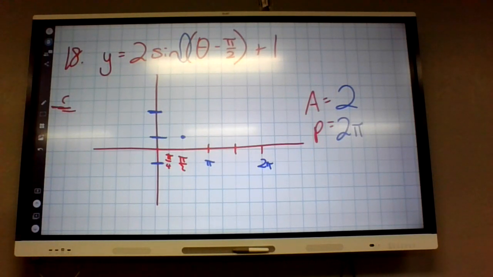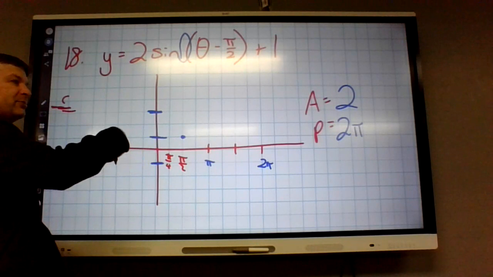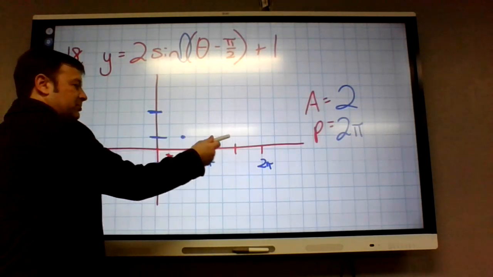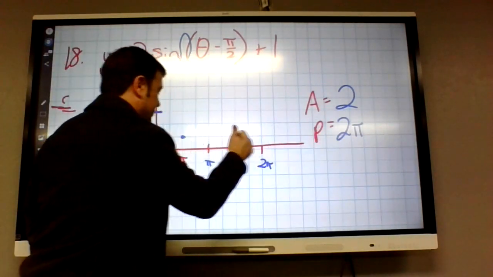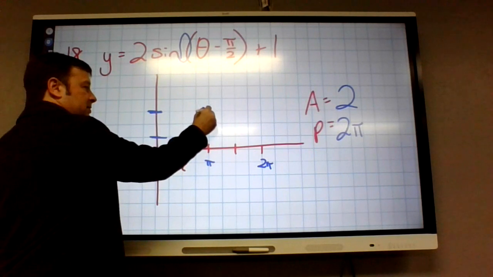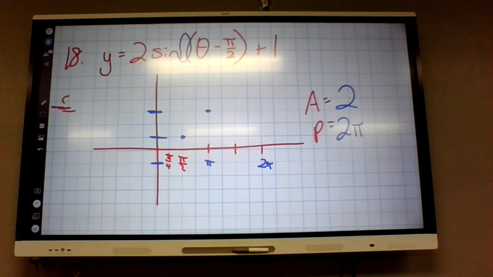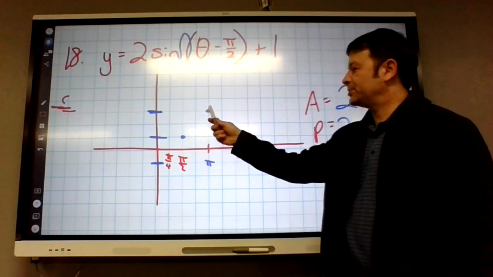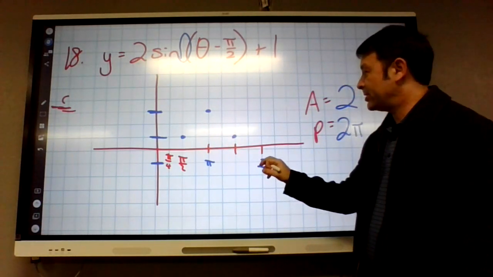So where does sine usually start? In the middle, and we've got a new middle right here. Where does it go after that? Up. Because we've got the normal 2 pi period, it's just 2 squares to the top, 2 squares back to the middle, 2 squares to the bottom.